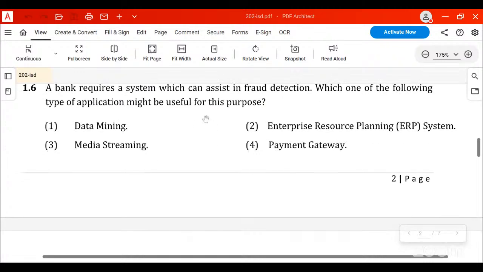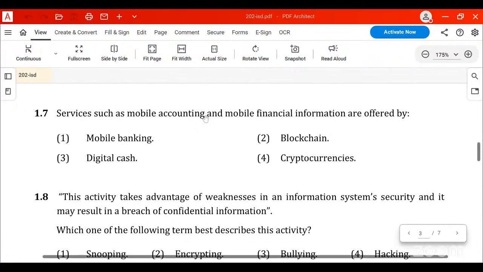1.6. Services such as mobile accounting and mobile financial information systems are offered by: mobile banking, blockchain, digital cash, cryptocurrencies. Services such as mobile accounting, mobile financial information, that is mobile banking.